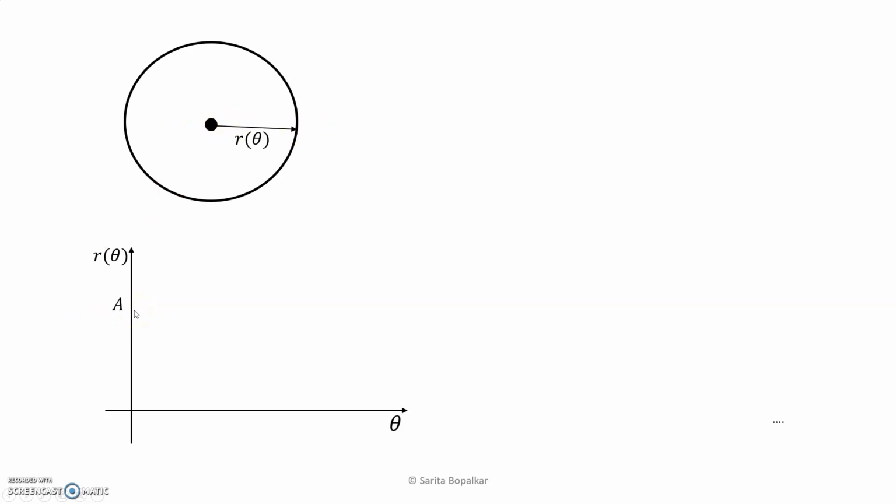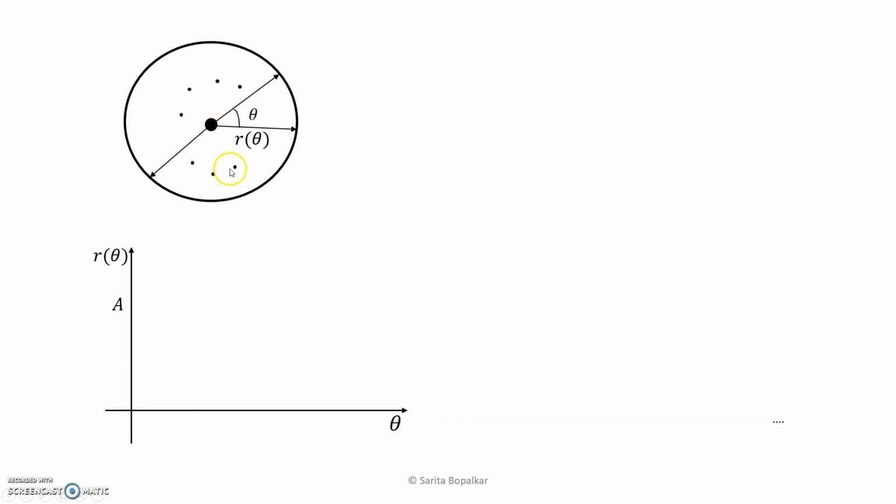Now we will take an angular displacement by angle theta. Again we will measure this r of theta and plot it here. Like this, at every theta displacement we will measure r of theta and plot it against theta.